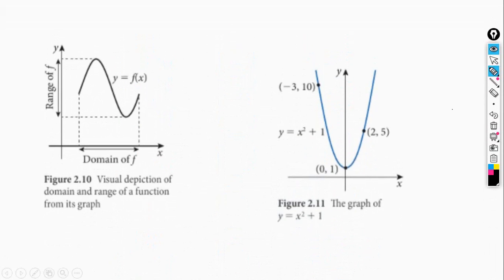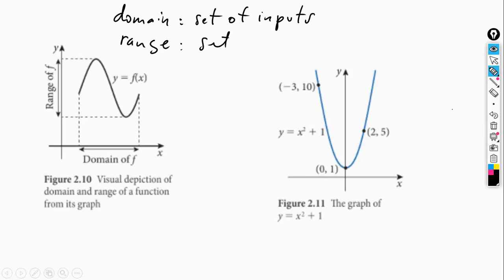So next, we're going to talk about the concept of domain and also the concept of range. So domain, we can describe it as the set of inputs. And range is the set of outputs. So in notation for mathematics, x describes the domain.